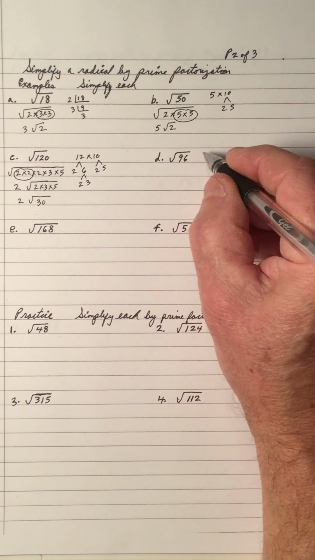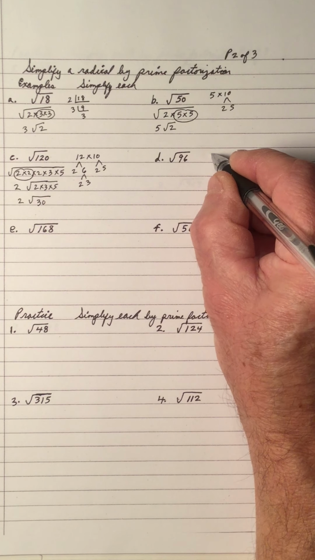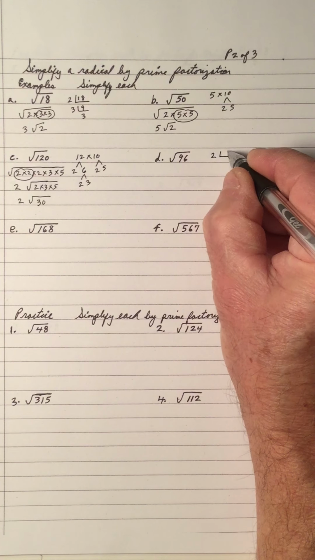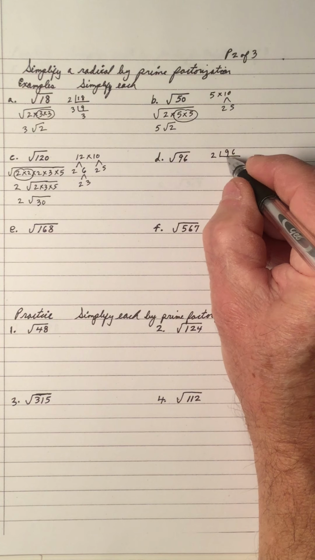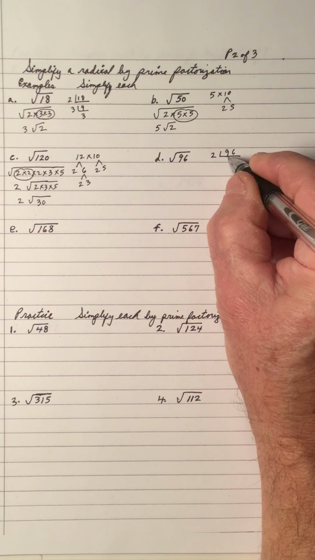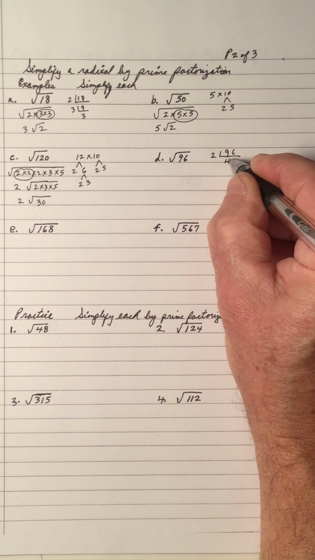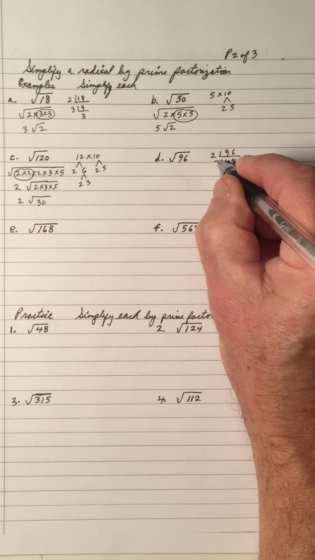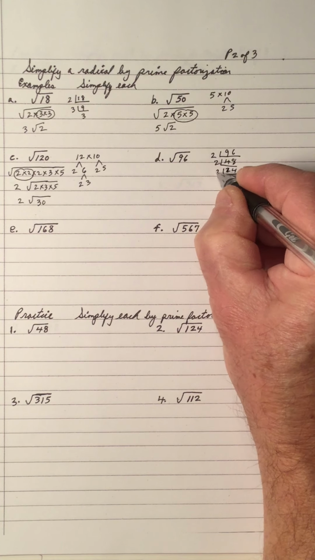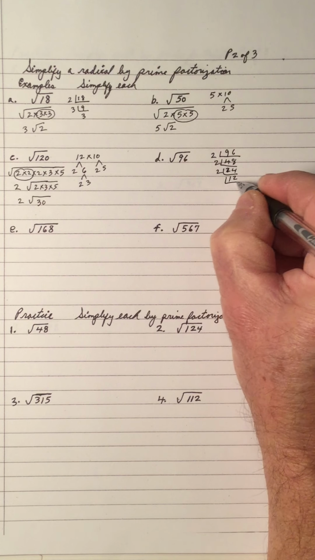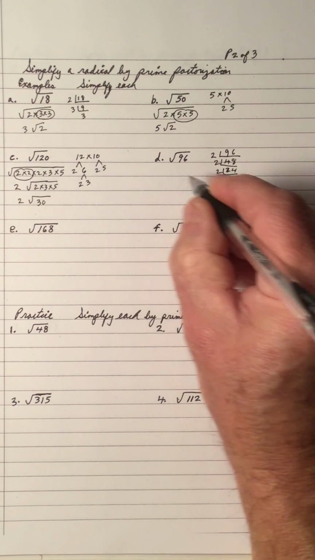Root 96. Again, if you're not sure, 96 is even, so let's divide by 2, because I can't get the factors readily. I could, I suppose, but let's pretend that you see it's even. 2 into 96 is 48, 2 into 48 is 24, 2 again is 12, still even, so it's 2 times 6, still even, so it's 2 times 3.